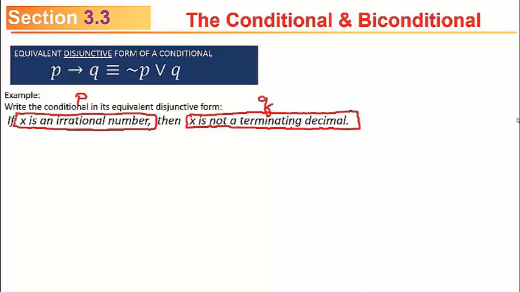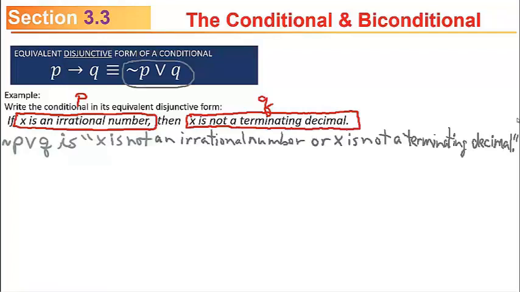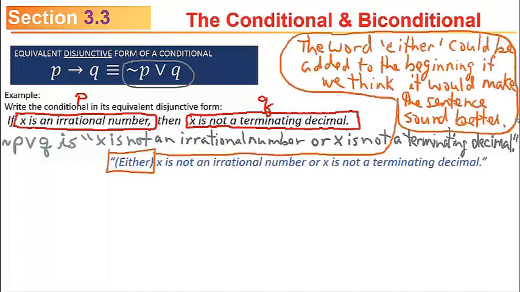The statement x is an irrational number is the P. X is not a terminating decimal is Q. So you want to turn it into the right-hand side of the equation, which says not P, x is not an irrational number, then the disjunction, which is the or, and then the Q, which is x is not a terminating decimal. So you put not P or Q, and you get the statement, x is not an irrational number, or x is not a terminating decimal. Simple enough.